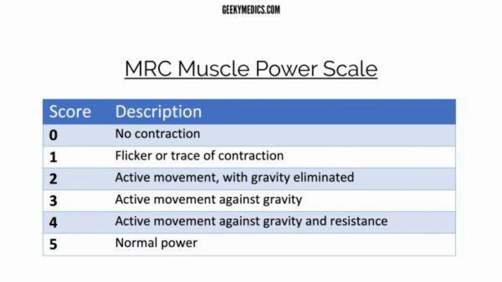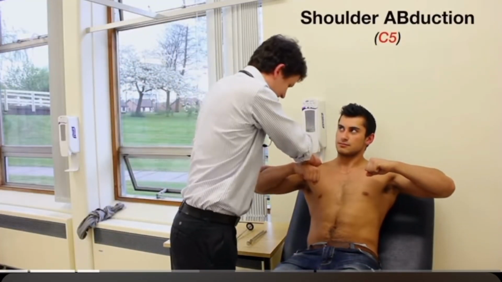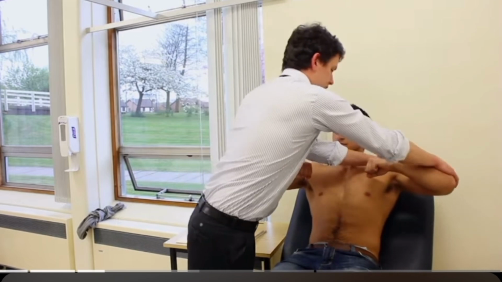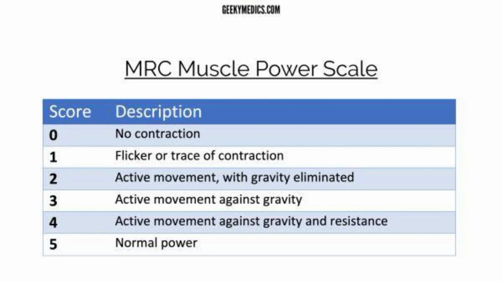You can score 2 if there's active movement with gravity eliminated. You can score 3 if there's active movement against gravity. So that means your movement should go against the gravity which is pulling it down. And then score 4 if there's active movement against both gravity and resistance. So you're going to try to apply resistance to your patient and see if he's able to withstand it. And then finally 5, which is normal power.